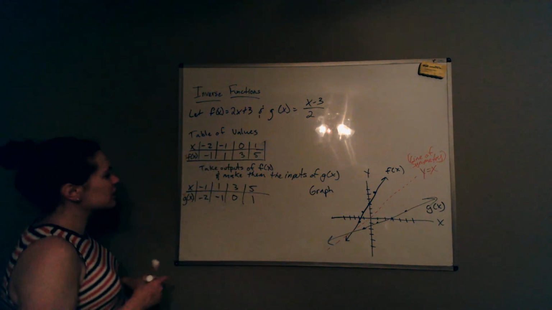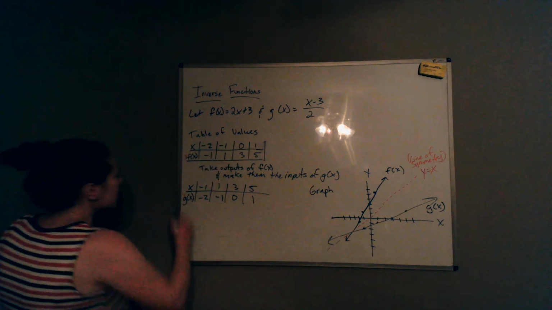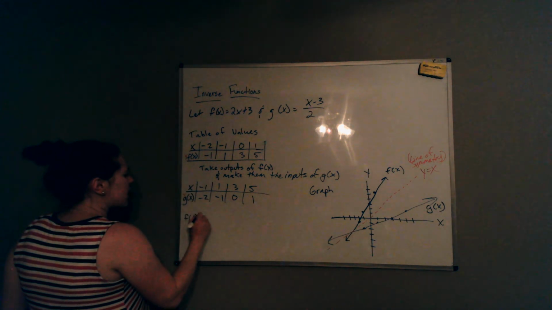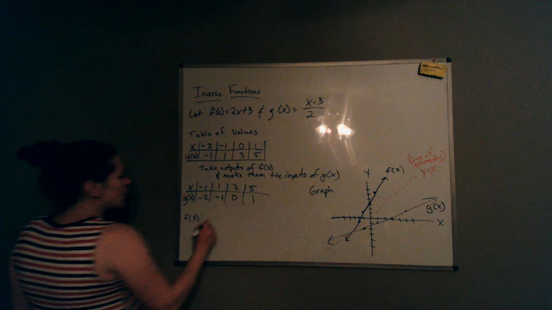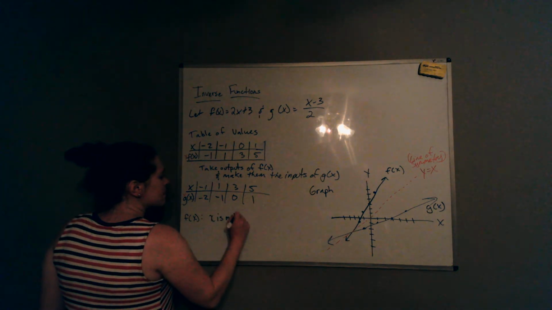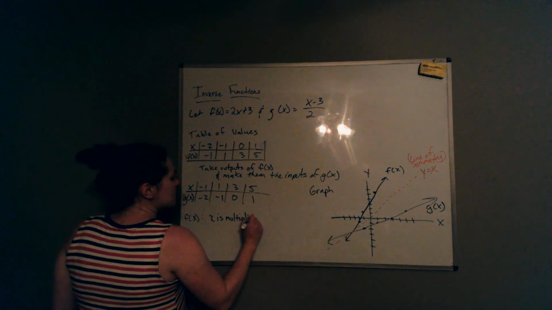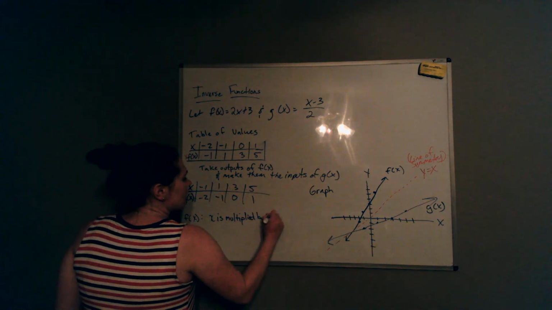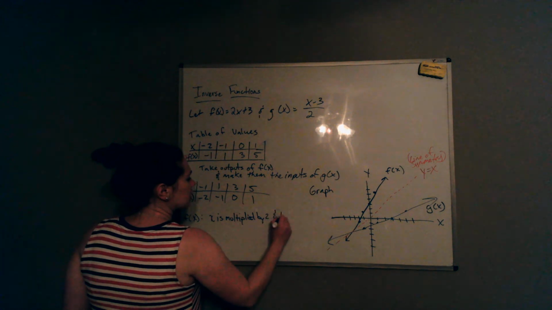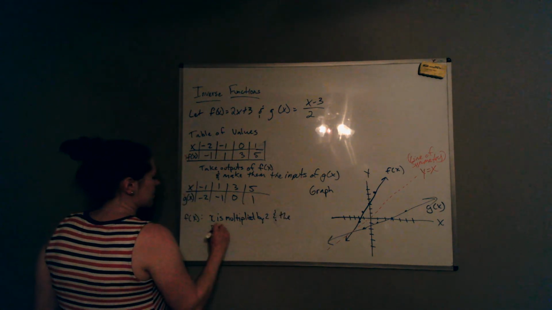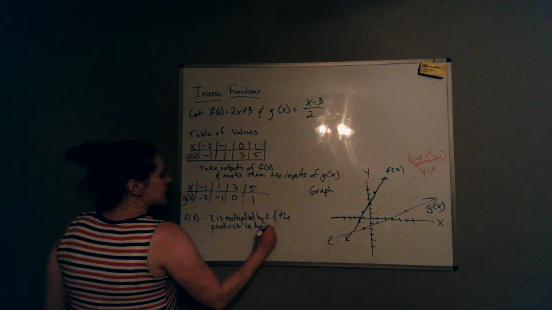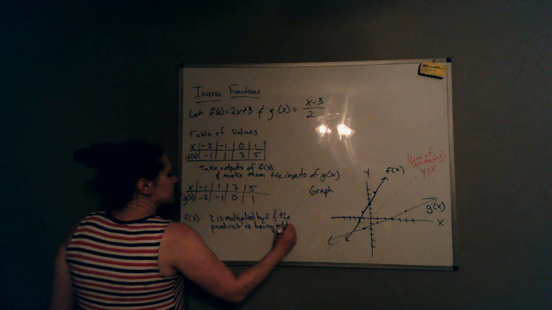Now, I want to show you something else that's pretty interesting. If we wrote out in words what is happening to x in f of x, we would say x is being multiplied by 2, and then the product is being added by 3.